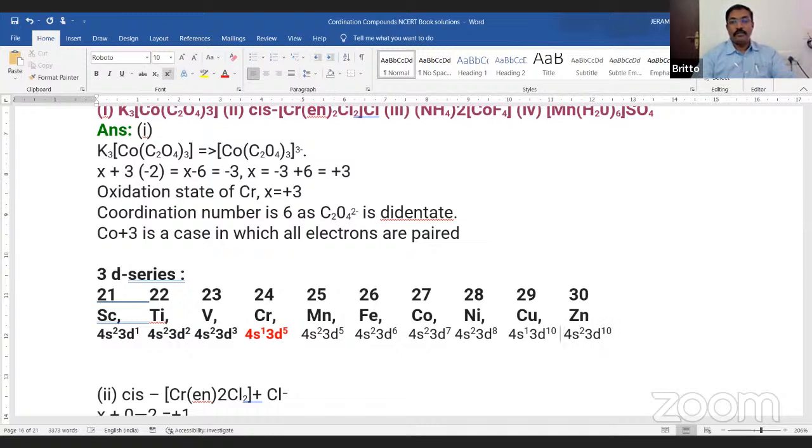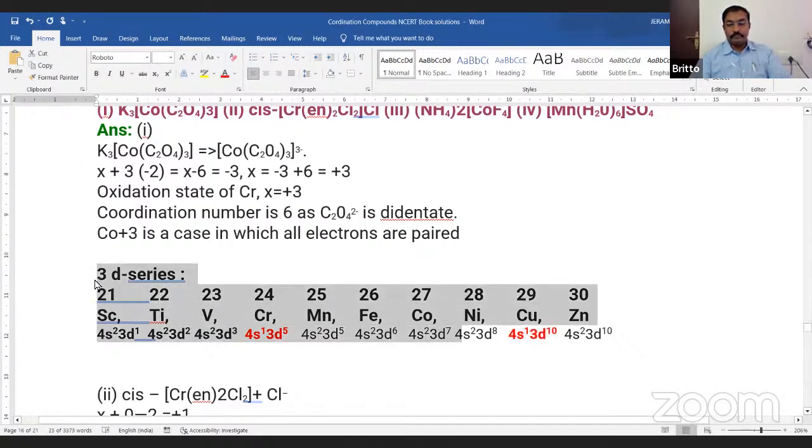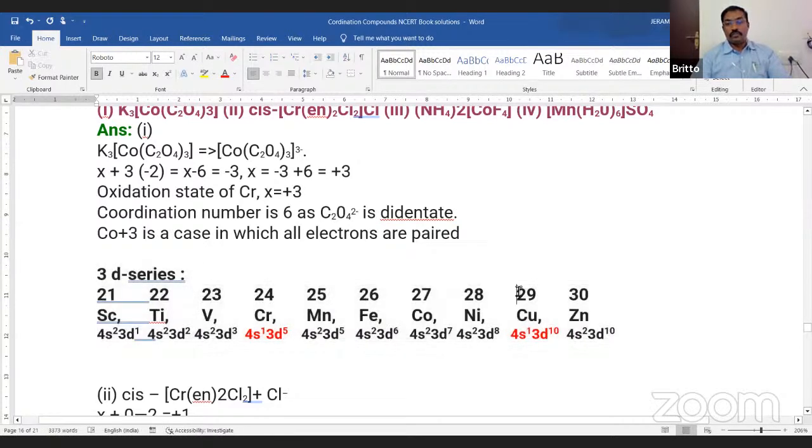So copper and chromium behave differently. Just remember, chromium and copper are going to behave slightly differently from this rule.